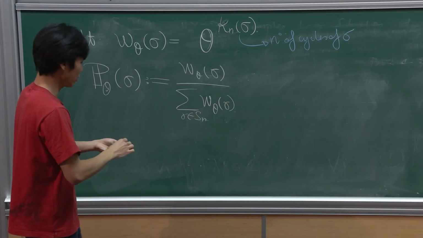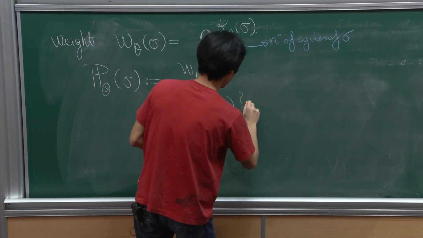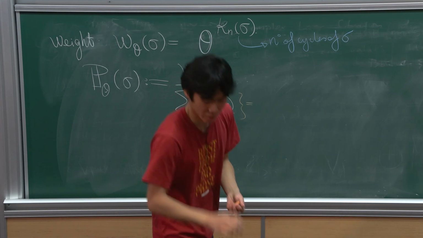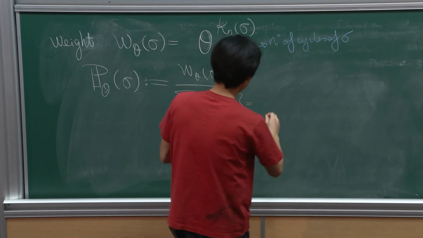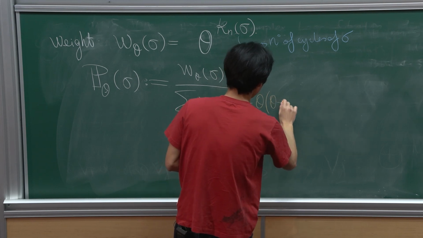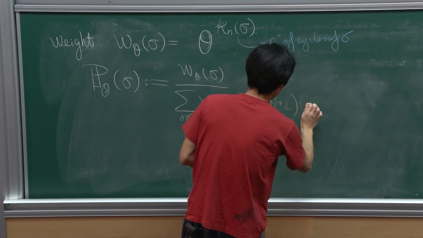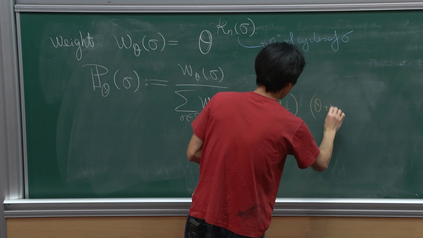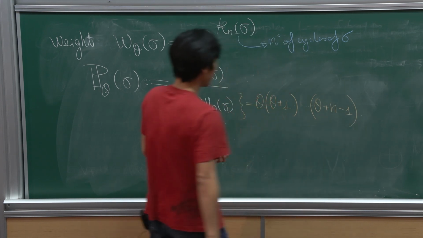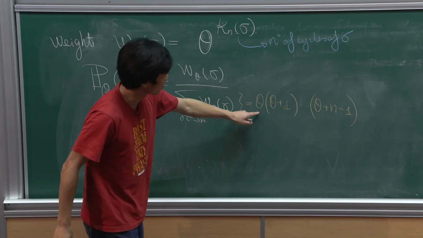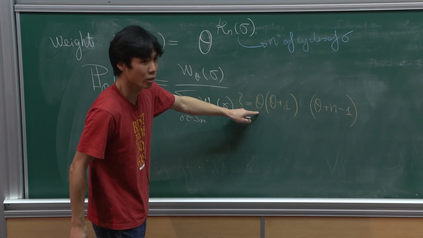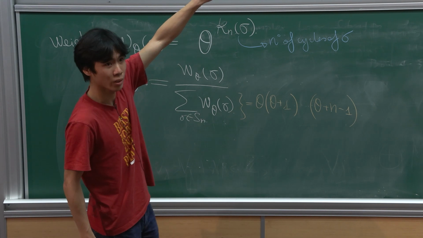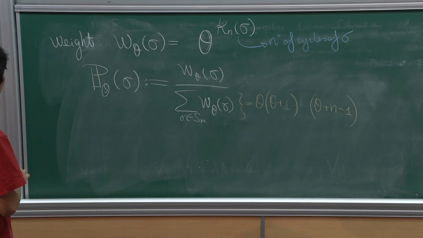In this case, it turns out that this sum is, if I'm not mistaken, theta times theta plus 1, etc. So if you take theta equal to 1, then you get n factorial, which is actually the uniform probability.